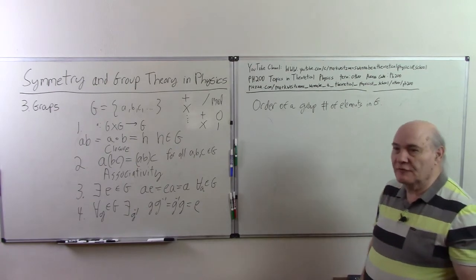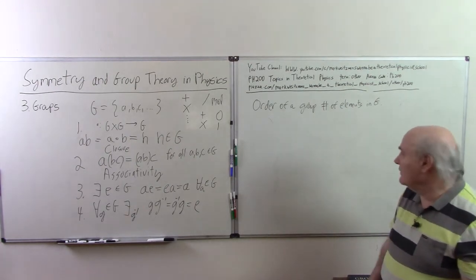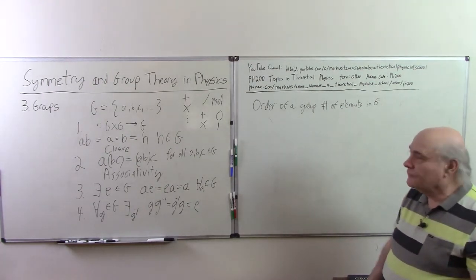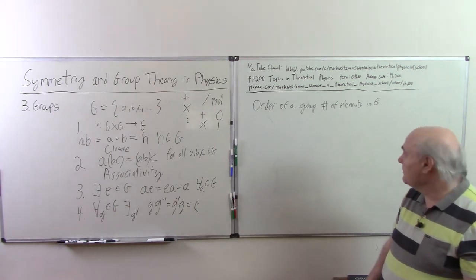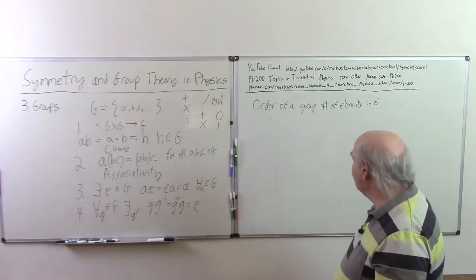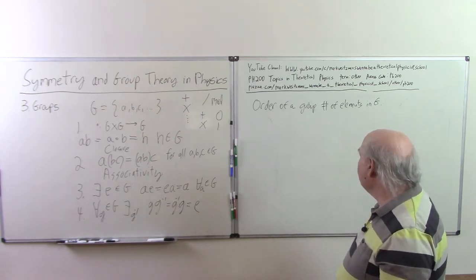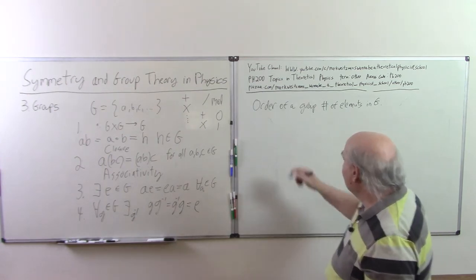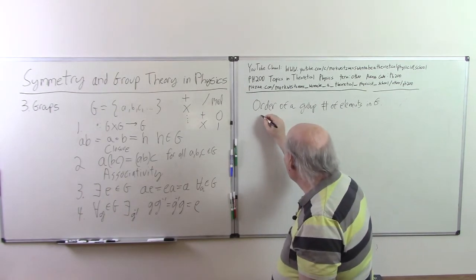So a finite group of order 7 has 7 elements. An infinite group would be said to have infinite order. Order is mostly useful for finite groups. So let's start with say groups.